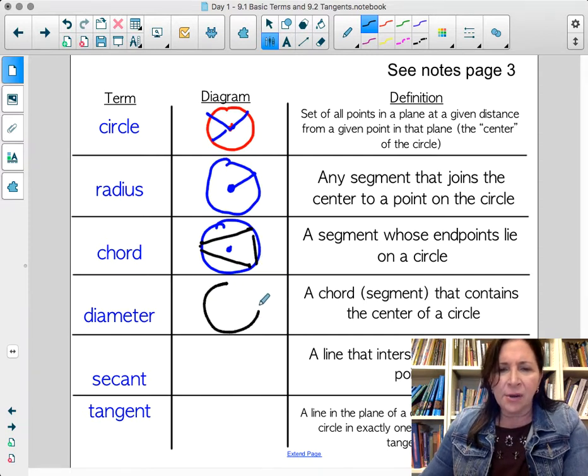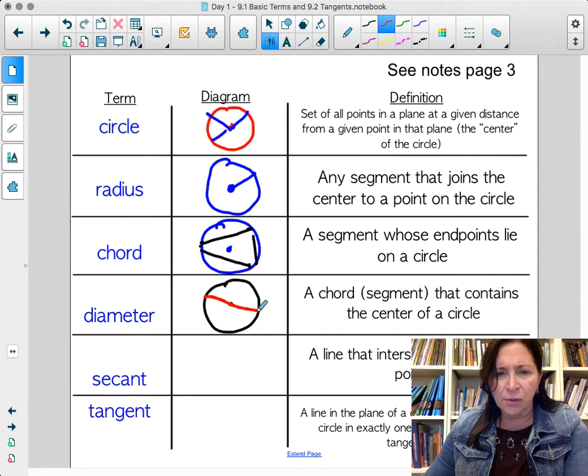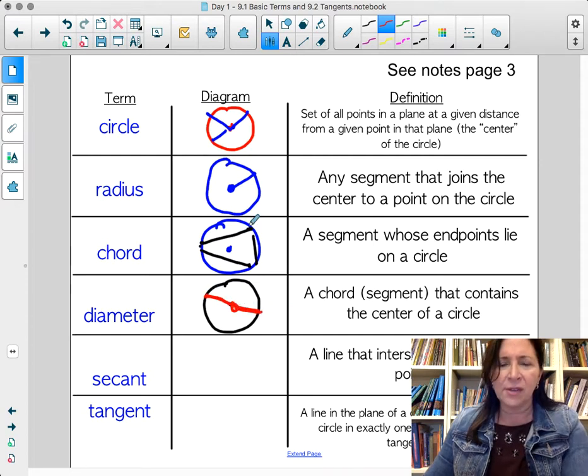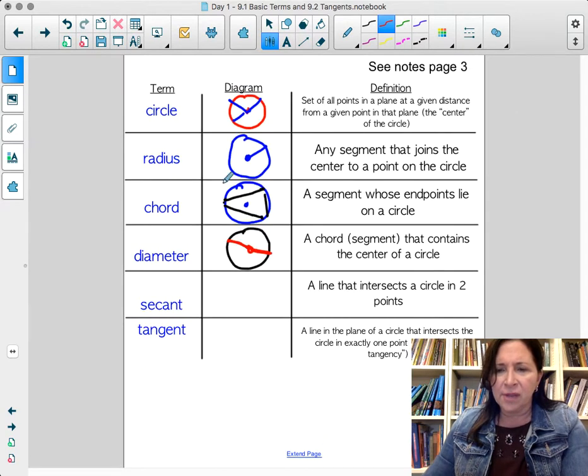Now a diameter of a circle is a line segment that goes through the center of the circle. So that's my diameter, and a diameter is made up of two radii. More than one radius is radii. A secant, let me roll this up so you can see, is one of those piercings.